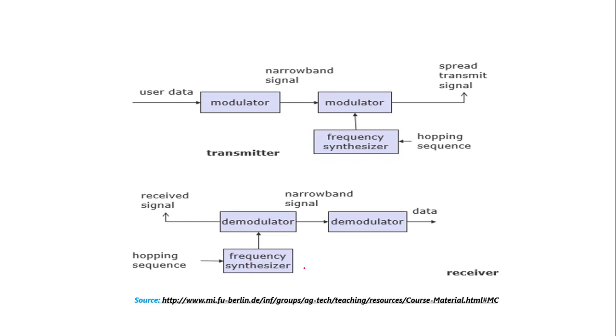Once he passes the hopping sequence to the frequency synthesizer, he will get the same carrier signal which is used by the sender, and this same carrier signal is used to demodulate the signal received from the sender. As a result you again get the narrowband signal. Again this narrowband signal is passed through the demodulator to get the actual data.